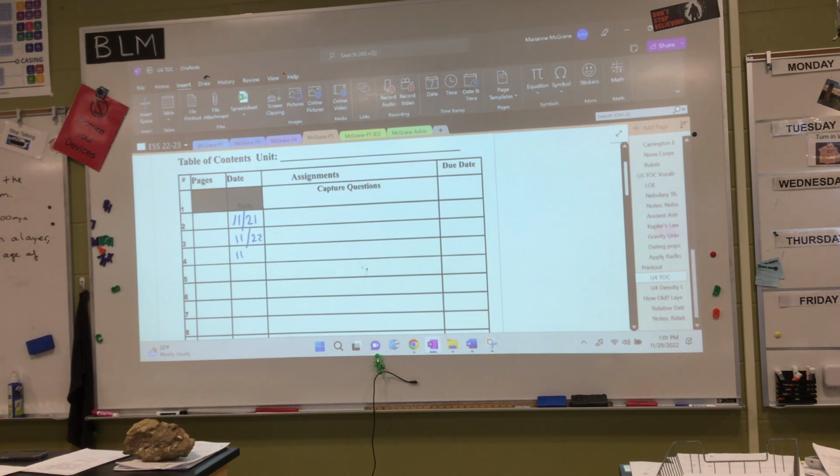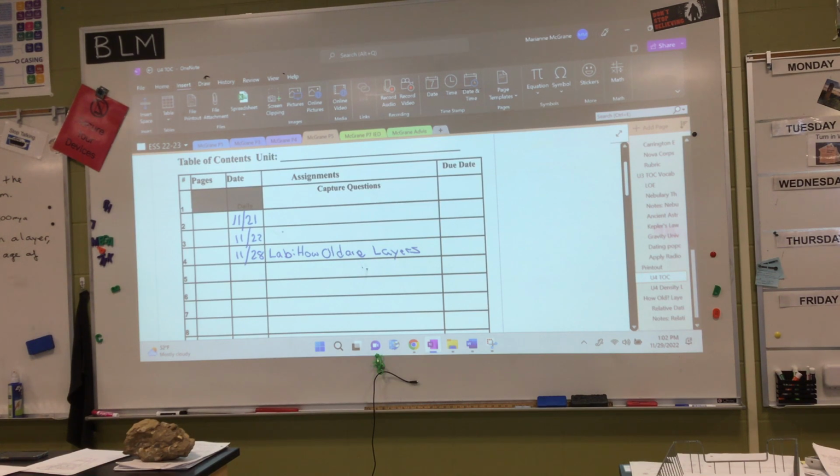Then yesterday was 11:28, and we had the lab. The lab that we did yesterday was how old are layers of the Earth. And then 11:22, because I know that Ashton wasn't here, so we'll get him caught up.